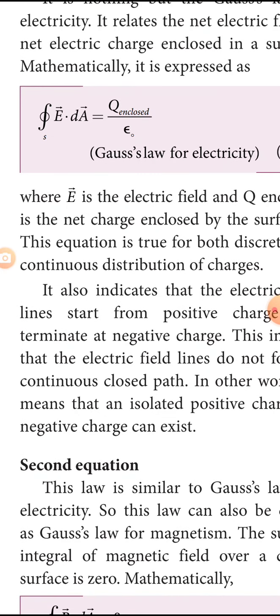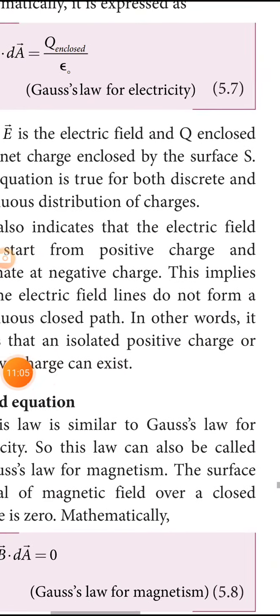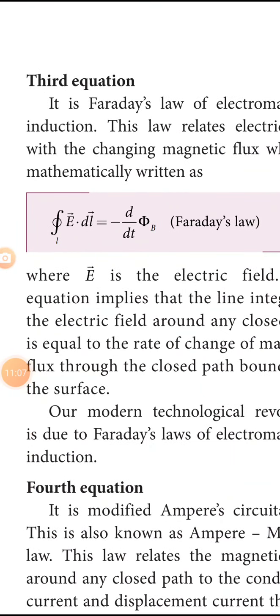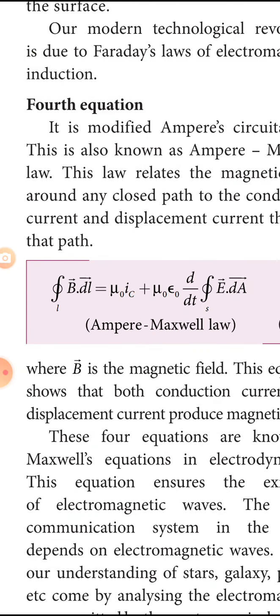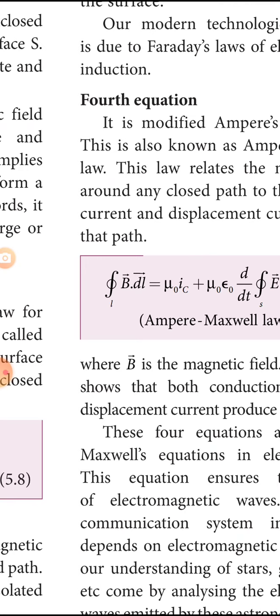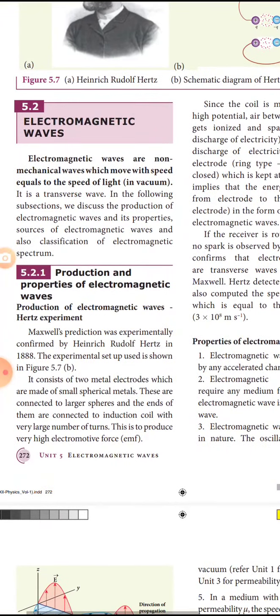Here Q enclosed by epsilon naught on the right hand side, here it is 0. And so next the third equation, which is Faraday's law, and the fourth equation is Ampere Maxwell law. So these are the integral form of Maxwell's equations. So you have to read these 4 equations.